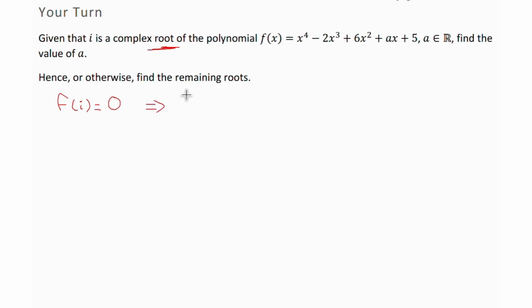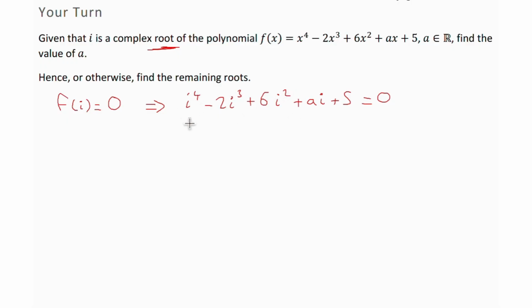So what that means is that i to the power of 4 minus 2i cubed plus 6i squared plus ai plus 5 is equal to 0.